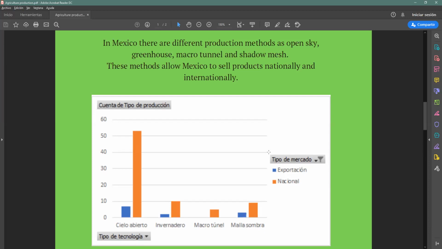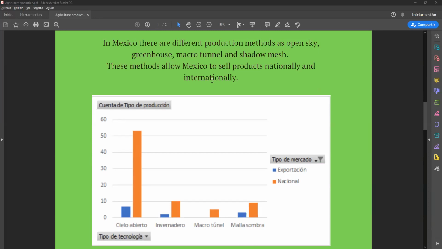Our null hypothesis was that the type of technology and the type of market were independent, and the alternative hypothesis was that the type of technology and the type of market were dependent.